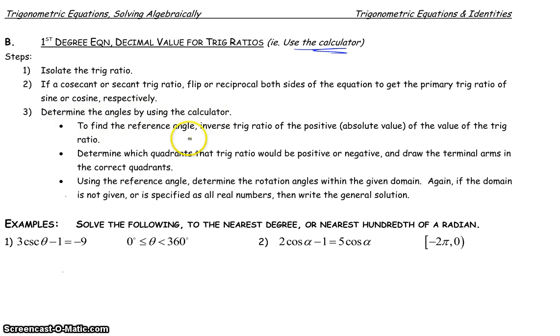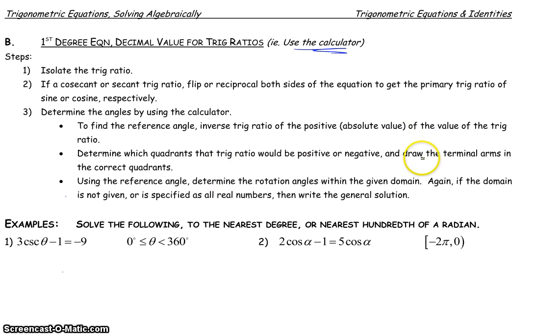So to find the angles using the calculator, start by trying to find the reference angle by taking the inverse trig ratio. So if it's tan, you'd go inverse tan, or second function tan on the calculator, of the positive or absolute value of the trig ratio. I'll show you what I mean on the first example in a second. Determine which quadrants that trig ratio would be positive, or negative, if that's what we're doing.